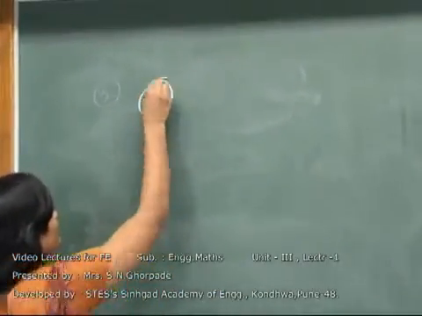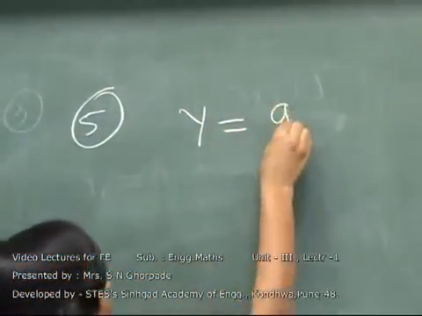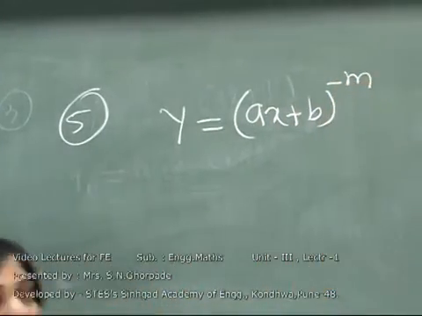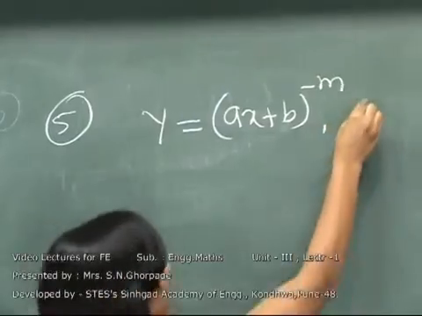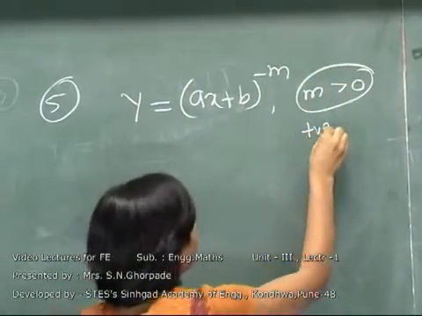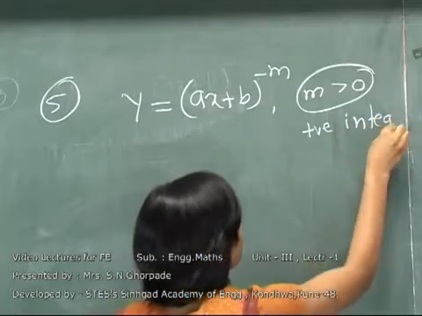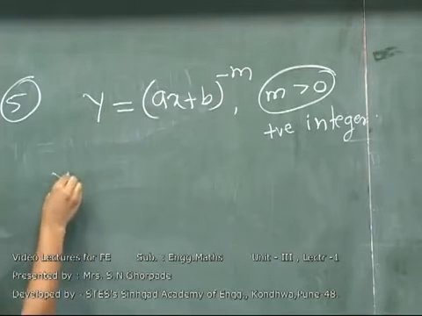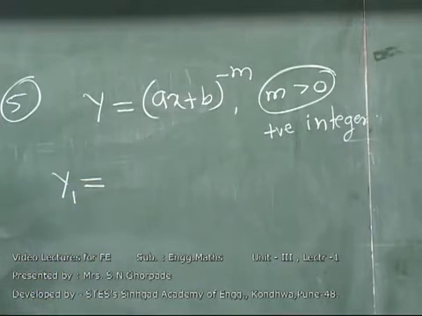Now we'll say the fifth function, that is y equal to ax plus b raised to minus m, where m is greater than 0 and it is nothing but a positive integer. Now we'll find its successive derivatives. What is y1?